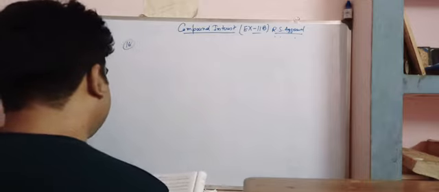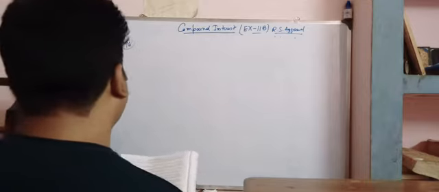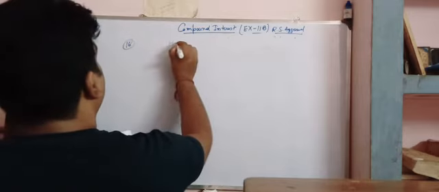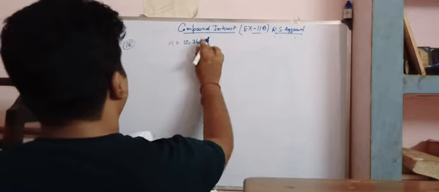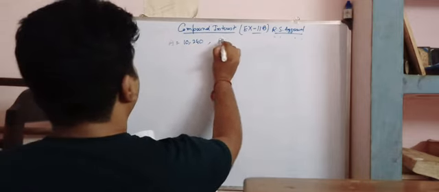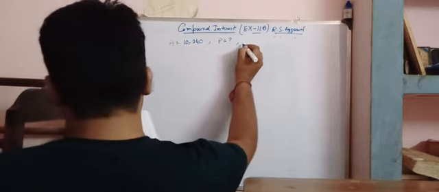Find the sum. So the amount is given here. Mind it, the amount should be 10,240. Principal we have to find.